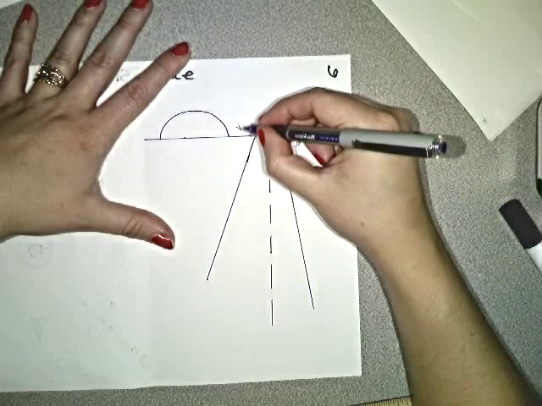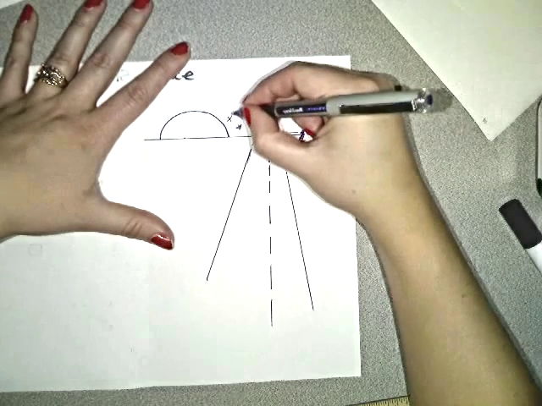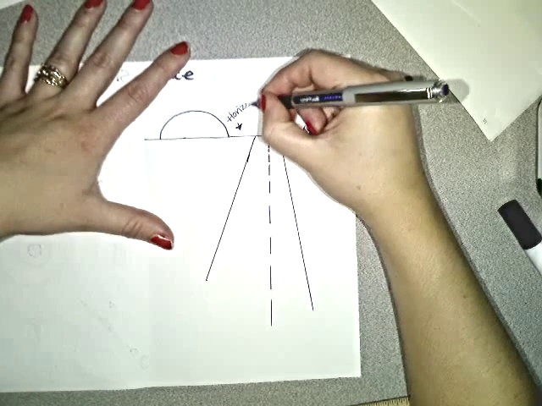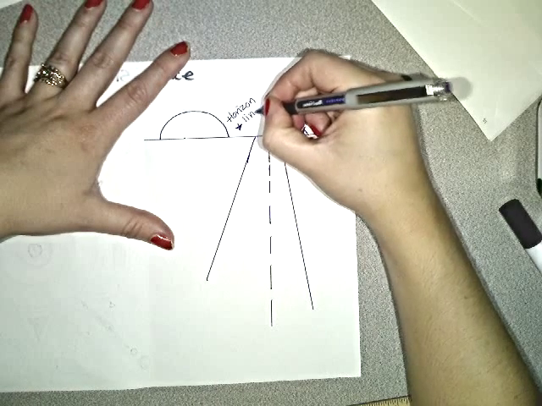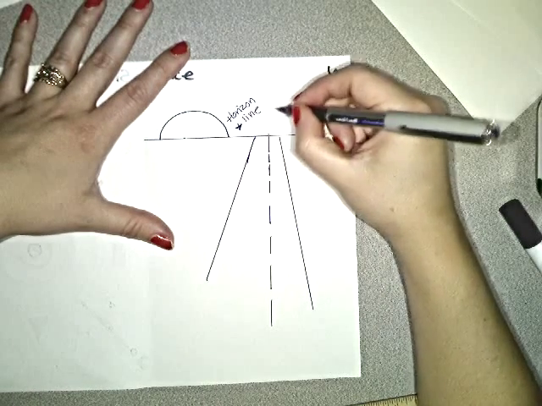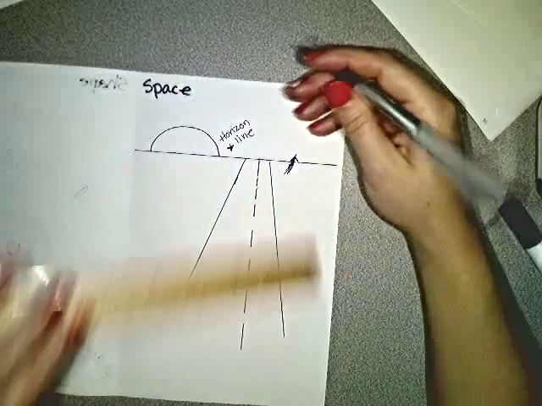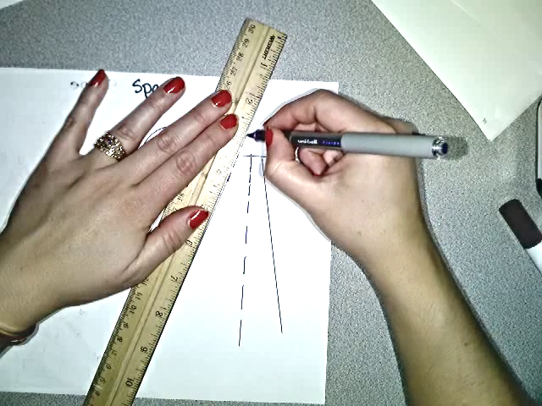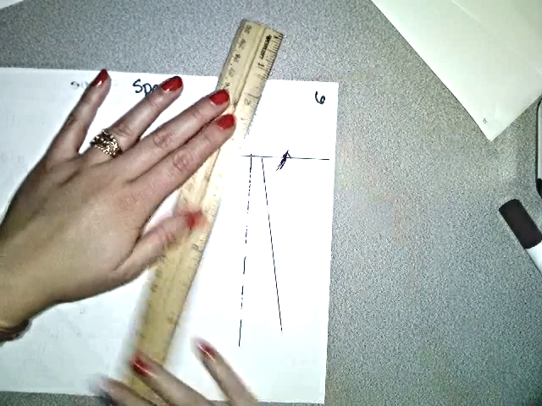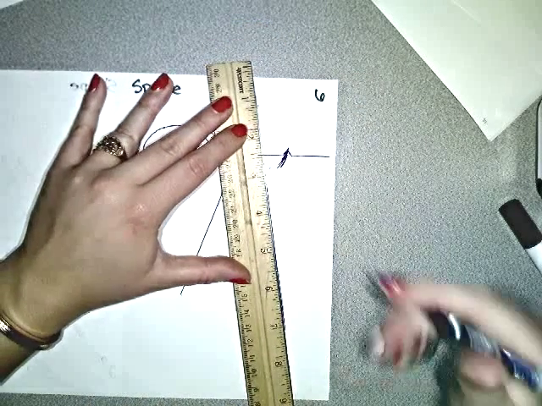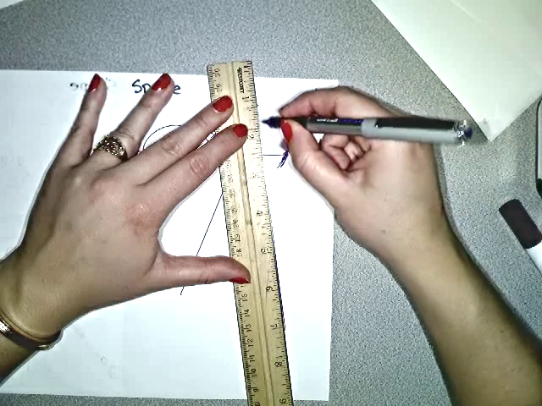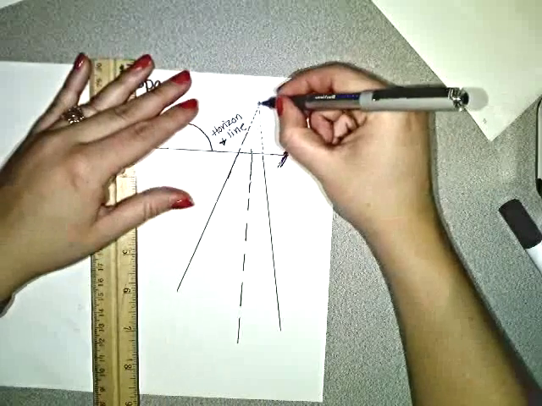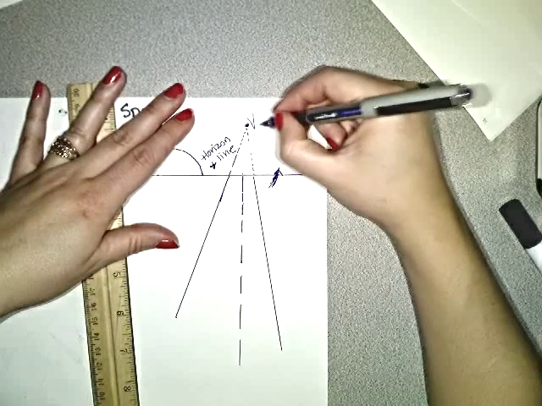This is the horizon line, and about up here would be my vanishing point. So it shows that stuff merges together. If you were to continue making lines, things get smaller as they get to this point here. Everything vanishes.